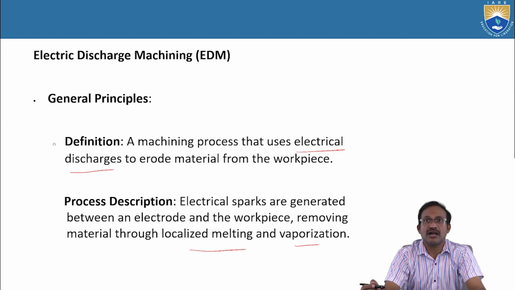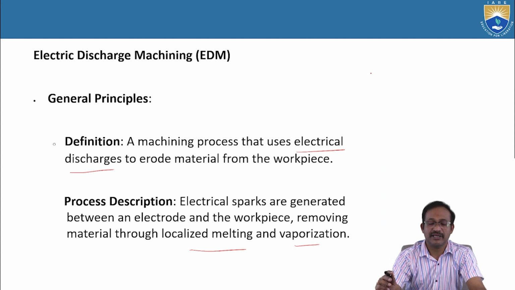It starts with melting and gradually vaporizes. Localized melting means there will not be any heat affected zone, and at the same time there will not be any damage to the adjacent outline of the area we are machining.